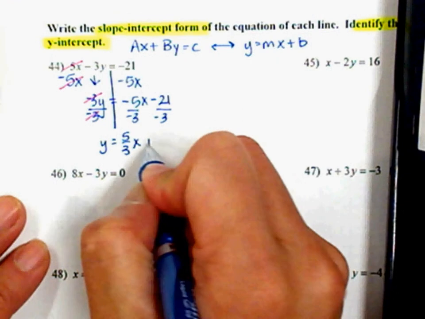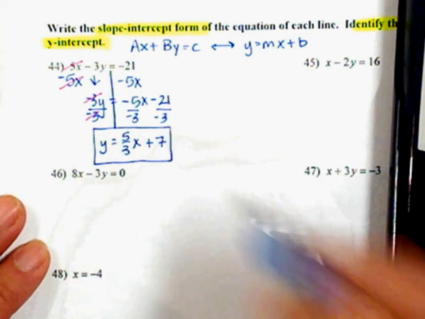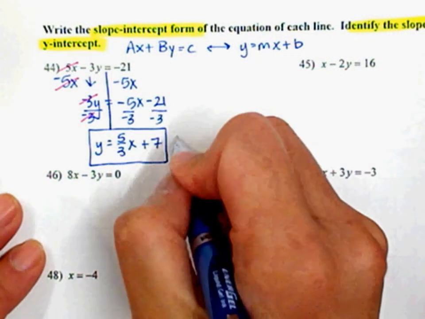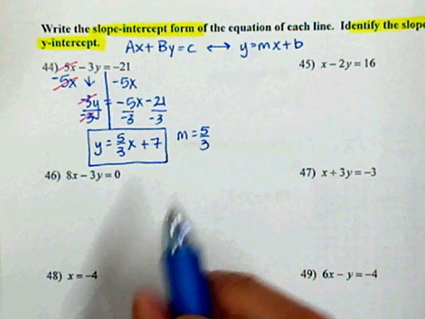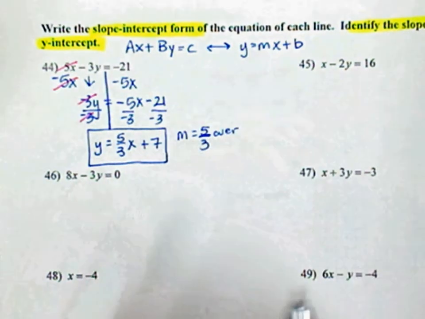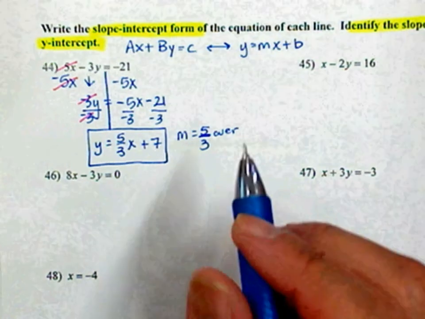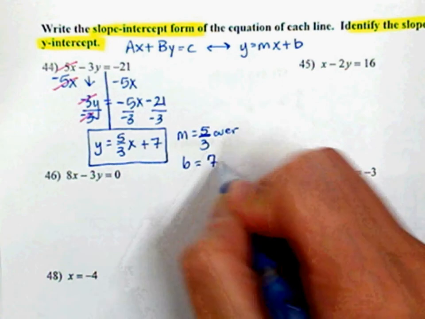So there's your slope-intercept form. Okay. What's your slope? Your slope is 5 over 3, or you say 5/3. And the English word for this is over 3, or 5/3, and your y-intercept is 7. So notice you have 3 answers.